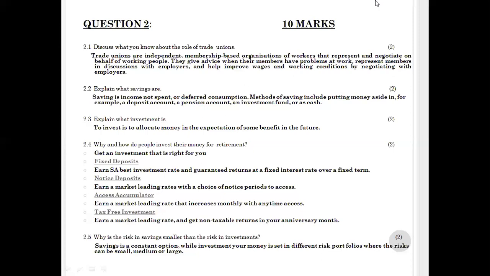So investment is when you invest money in, for instance, buying assets like a vehicle or a house that has some money value. You can sell it over a few years again, and then you will get some money back for that. So 2.3, explain what investment is, for 2 marks.